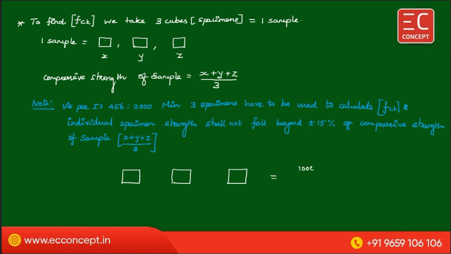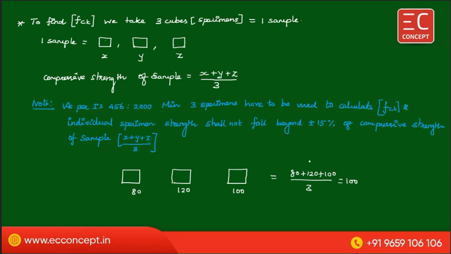After adding these 3, you got 100. That means you can take this as 80, this as 120, and this as 100. Then the sample strength is 80 plus 120 plus 100 divided by 3, which is equal to 100. This is the sample strength.